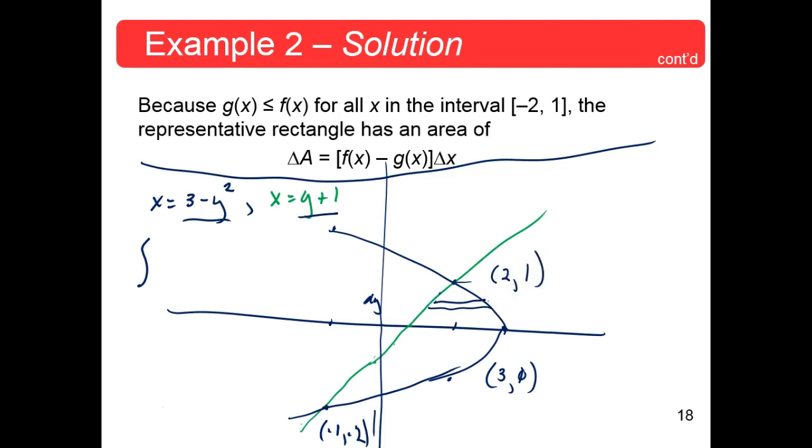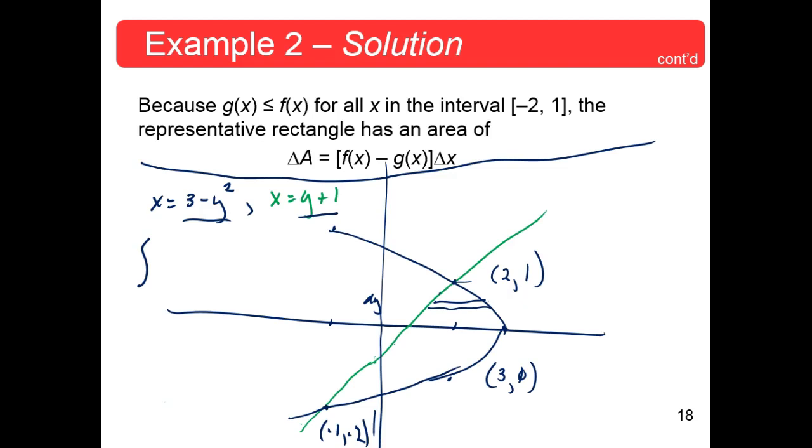Right? Yes? Right minus left, this one minus this one. It's always the more positive minus the less positive. Positive minus negative, or less negative minus more negative. Always greater minus less.